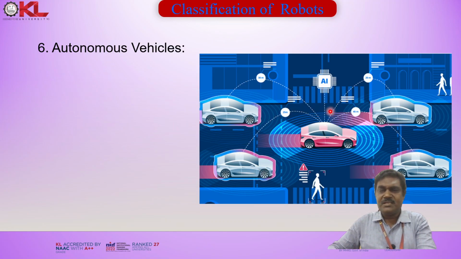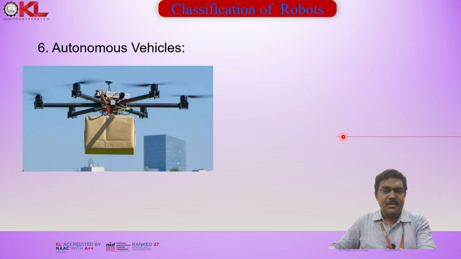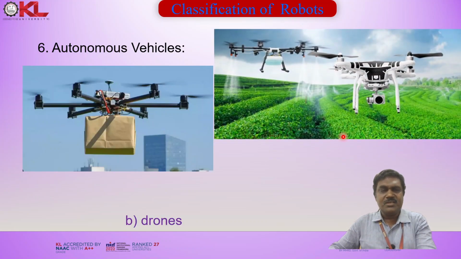Next, autonomous vehicles. These are mostly self-driving cars. As per the required input program, the car will move without anyone manning it. And also the drones. Drones are also used as autonomous vehicles. Drones are mainly used for pesticide spraying on agricultural lands, or to transport medicines from one place to a remote place.